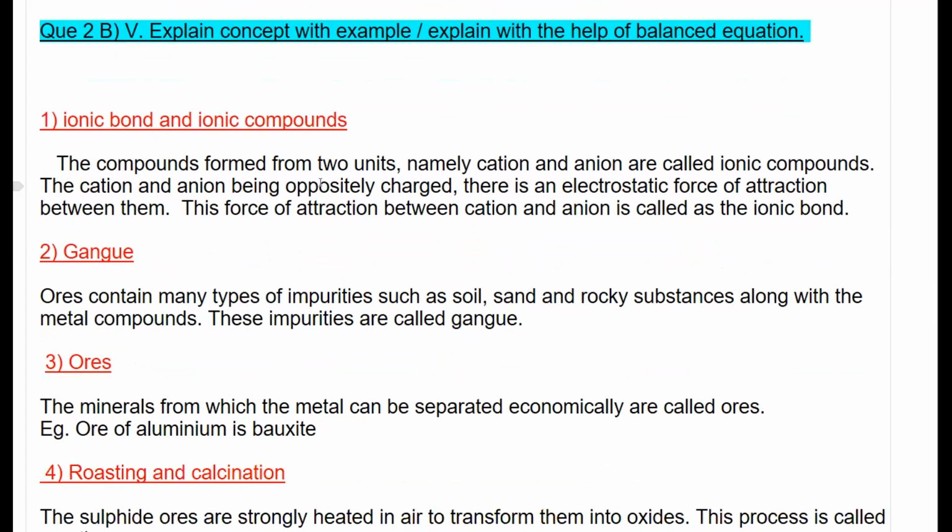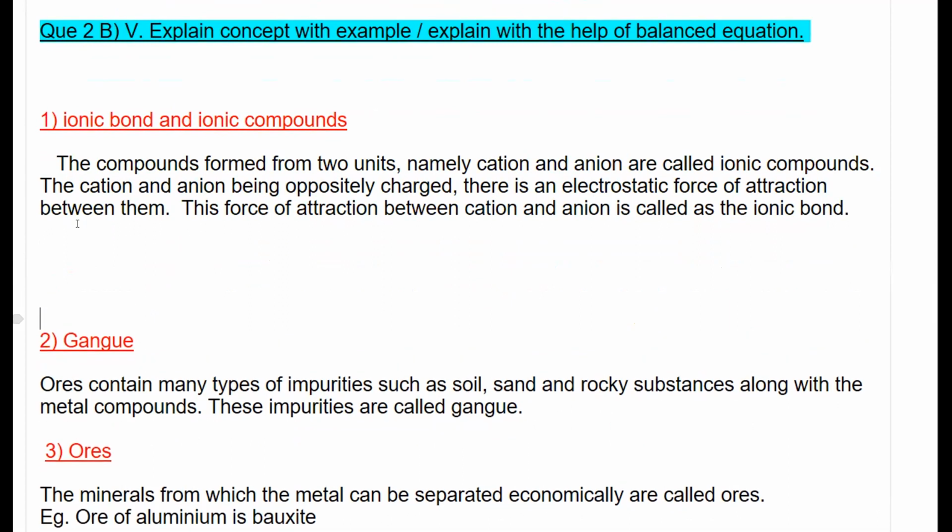Ionic bond and ionic compounds. Define ionic bond. We know that compounds formed from two units, that is a cation and an anion, are known as ionic compounds. We have to explain with one example, for example, sodium chloride.